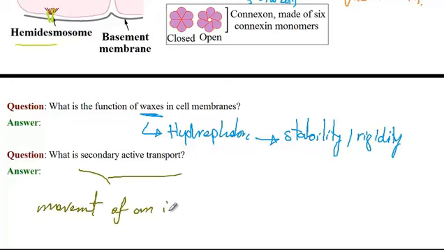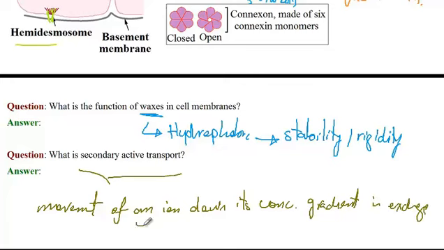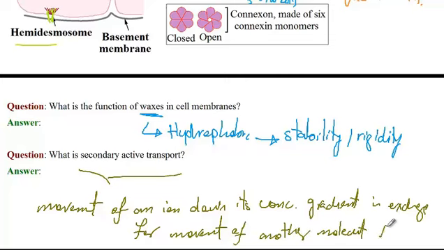So it moves an ion down its concentration gradient in exchange for movement of another molecule or ion against its concentration gradient.